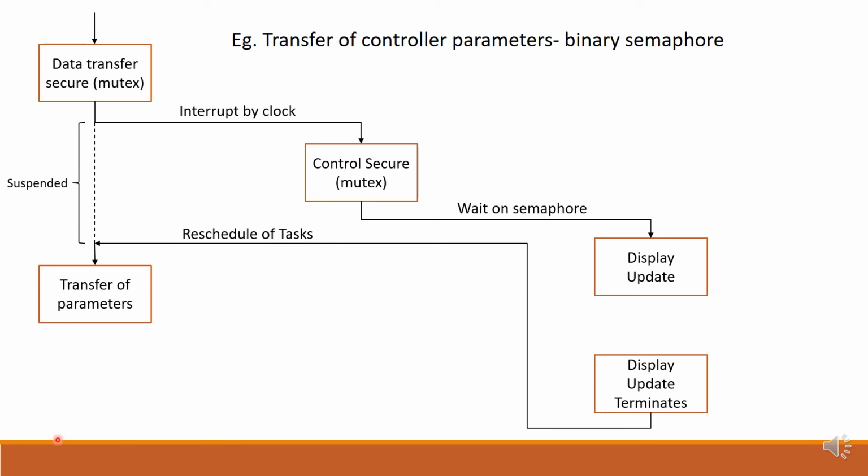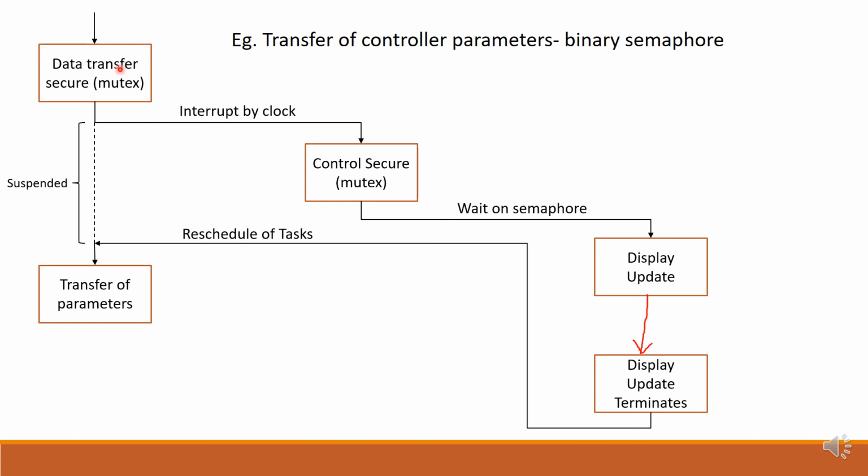We can see that this display task executes, and after it updates the display, it will terminate, and after it uses the semaphore completely, the control will move back to the data transfer task. Till then this was in the suspended state.